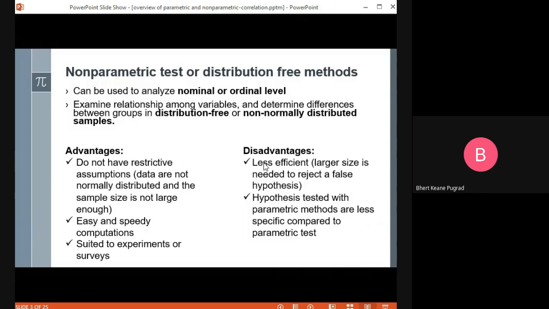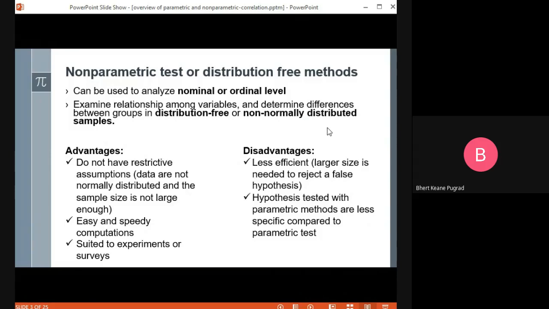And lastly, if there's no randomization, then we are going to use a non-parametric test, or if the three assumptions of the parametric test were not met, then we will use a non-parametric test.